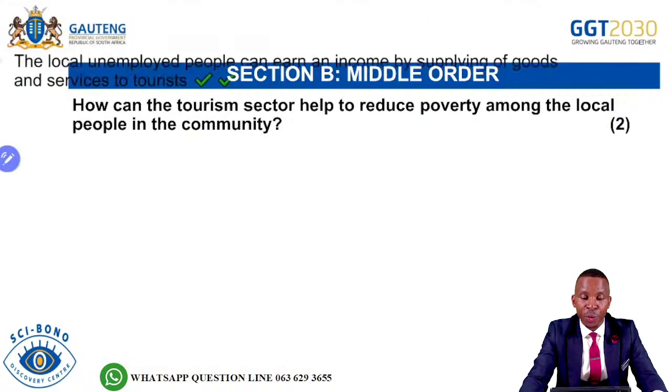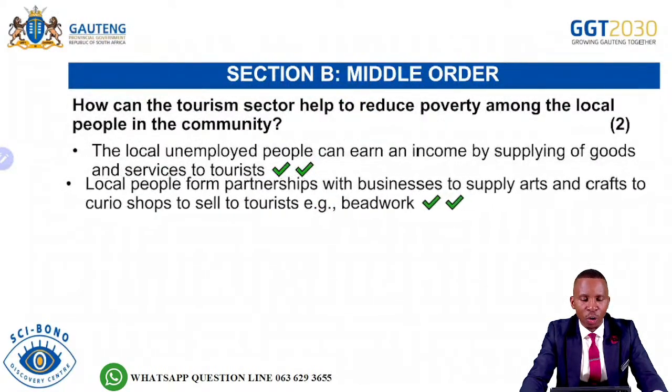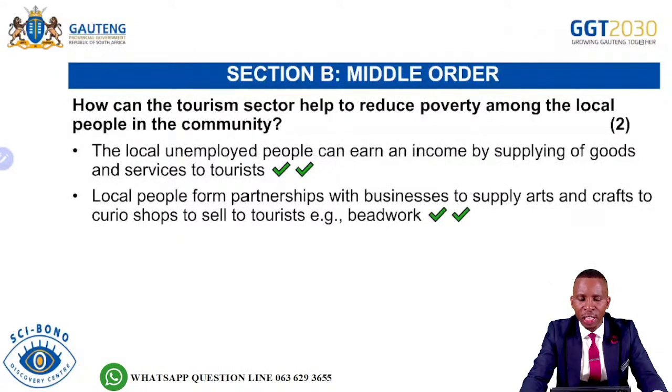So you need to know the content first before you answer these questions. The local unemployed people can earn income by supplying goods and services to tourists. Local people form partnerships with businesses to supply arts and crafts to curio shops to sell to tourists, e.g. the beadwork.